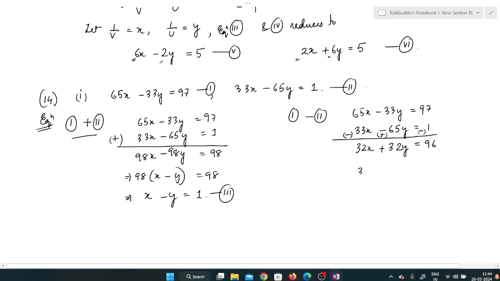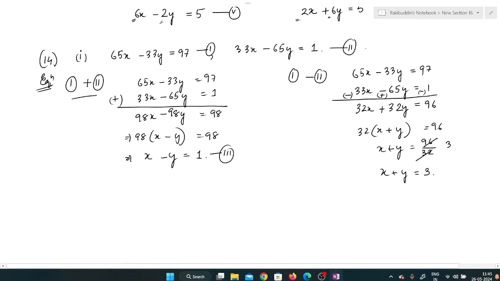You can take 32 common. In this case, 32(x plus y) is equal to 96. Now x plus y will be 96 by 32, which is 3. Now these equations are reduced to simpler ones, and after this you can use elimination or substitution, anything you like.